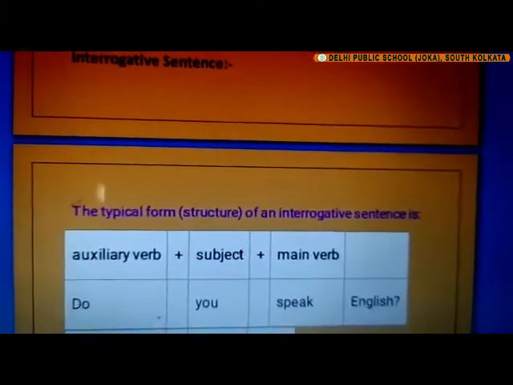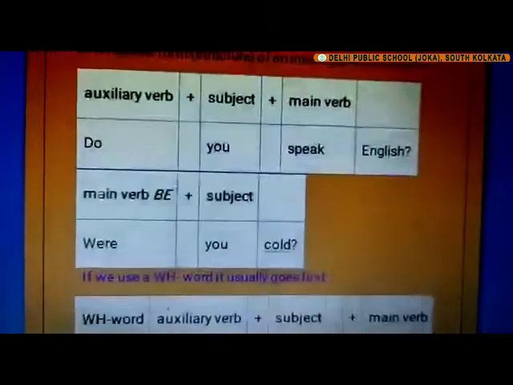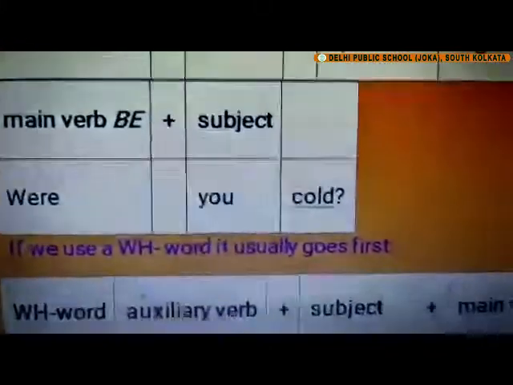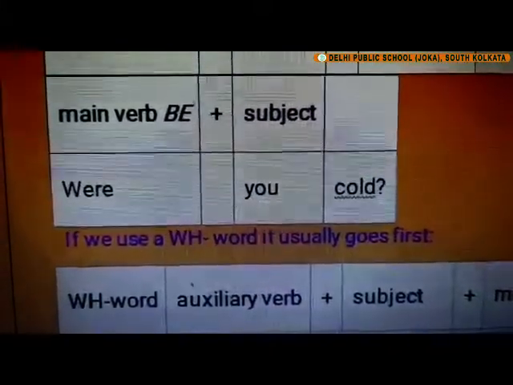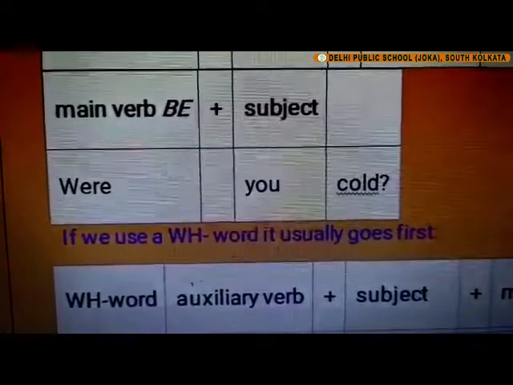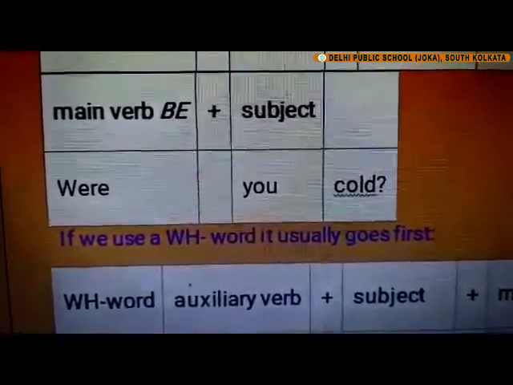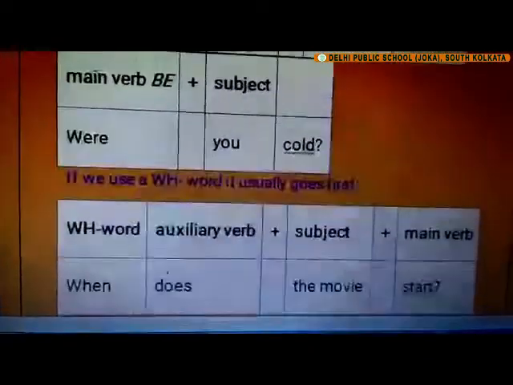Let's have a look at another form, another structure. See here. Now the structure is either it starts with the main verb and a subject is added to it. For example, were you cold? Were you studying? If we use WH words, then it always comes first.